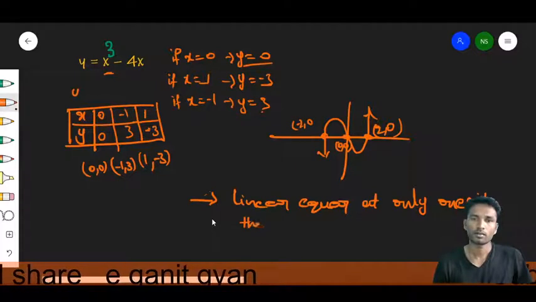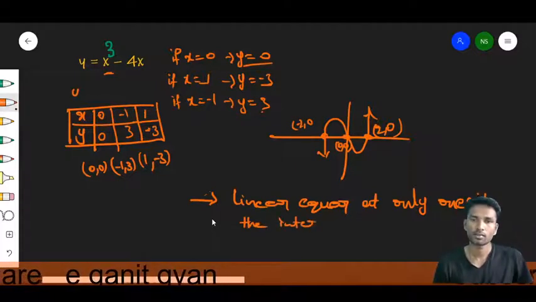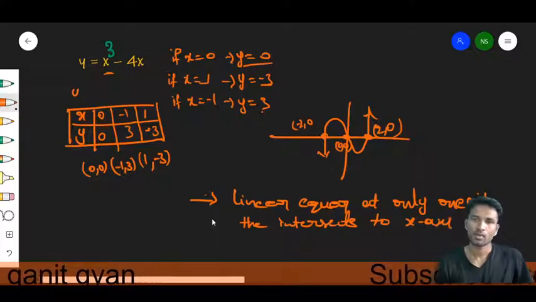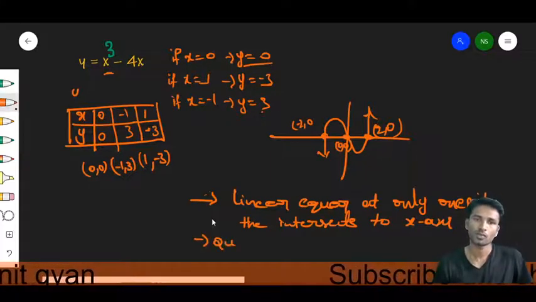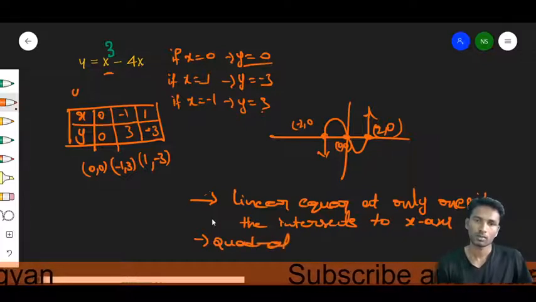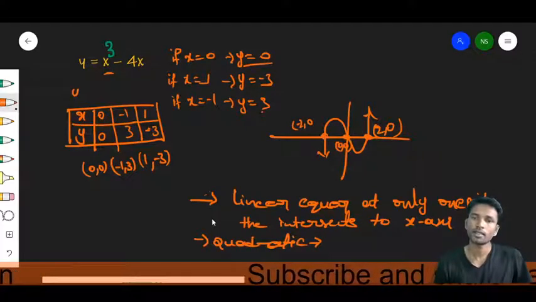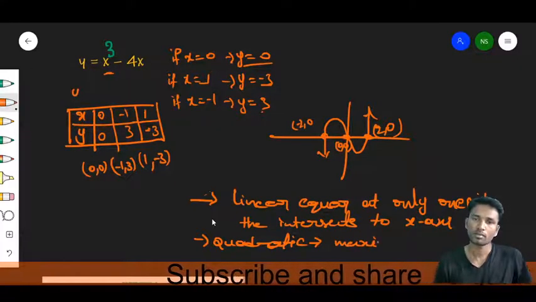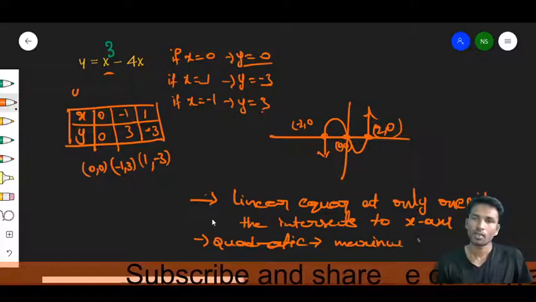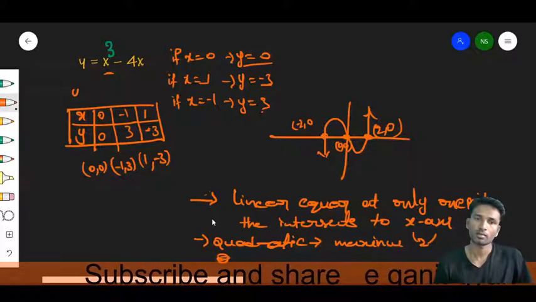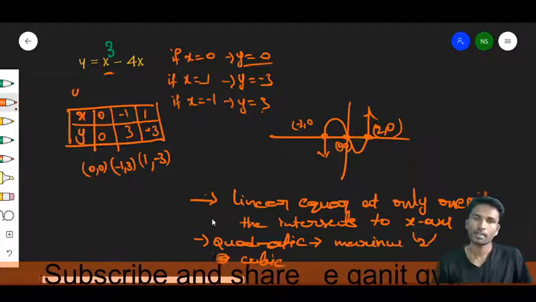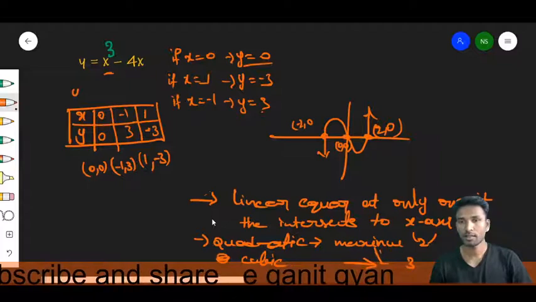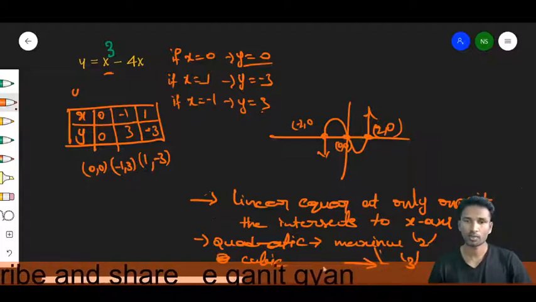For a quadratic, it intersects at a maximum of 2 points. For a cubic, the maximum number of points is 3. Like that we can conclude.